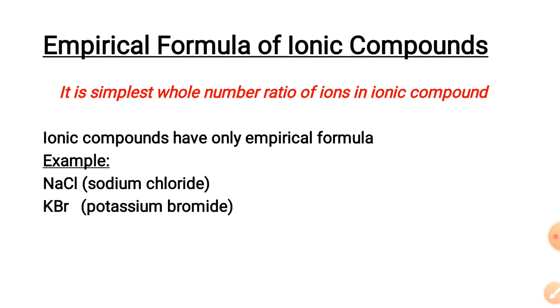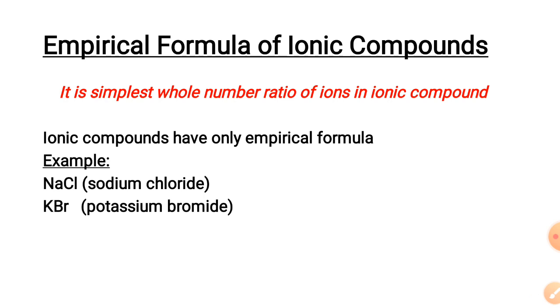The definition of empirical formula is the simplest whole number ratio of atoms in a compound. We talk about atoms when we are particular about covalent compounds, and atoms are replaced with ions when we talk about ionic compounds.